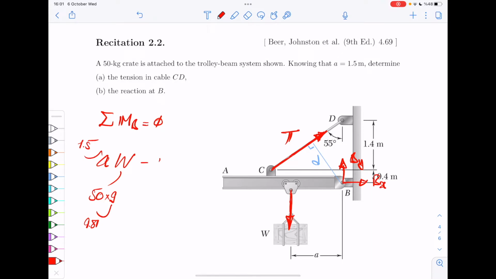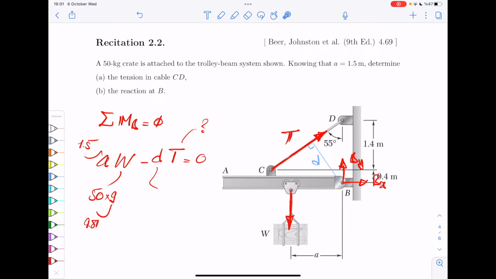That should cancel the distance D times T itself. So this is the unknown. And now the only thing you want to do is to find D. Okay, so this is a simpler problem to find D now, because you can work with this little triangle here, and it's not too bad.